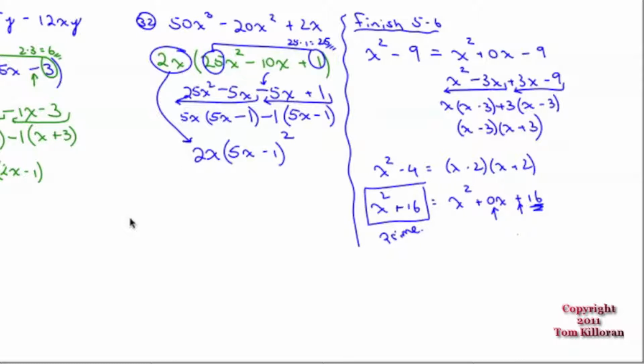So this only works if it's the difference of perfect squares. x squared is a perfect square, 9 is a perfect square, and they're subtracted. Because we need it to add up to 0, one will be positive and the other one will be negative. But if it's positive, you just can't do it because it doesn't have that same pattern. So we just consider it prime and leave it alone. We don't force the issue.